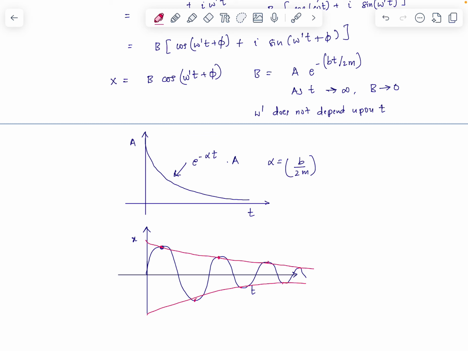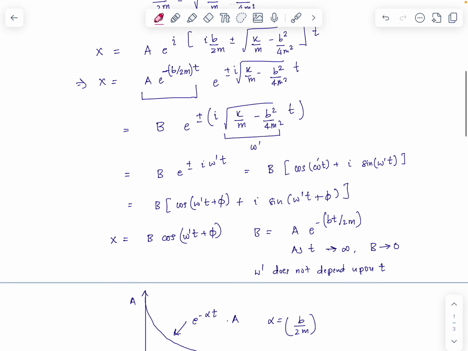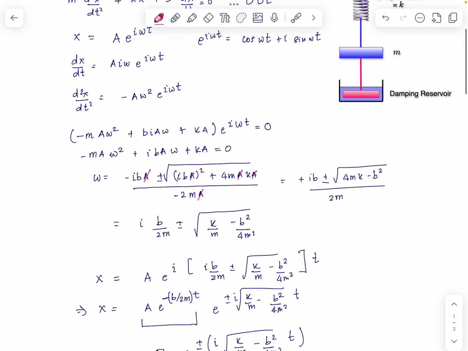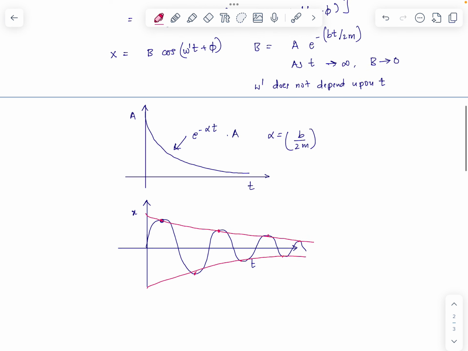Now, there is an interesting case to think about, and that is when we have a driven system. Let's say the driver is such that the force equals minus k times x, but instead of a negative bv we have a positive bv.